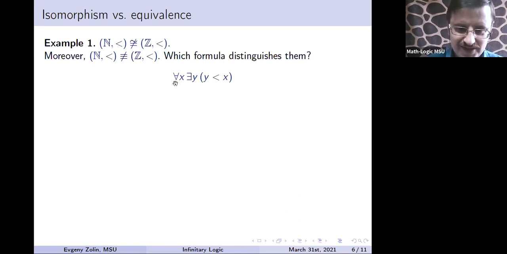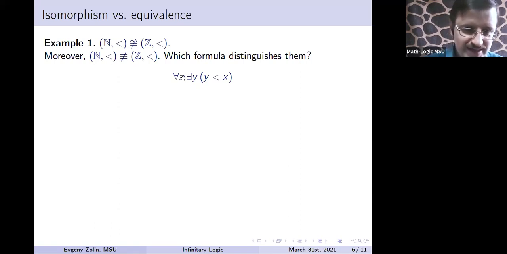So you said: exists X for all Y, Y is not less than X. And so this formula says every element has a smaller element. It is true in Z, but it is not true in N, because if we take X to be 0, it doesn't have a smaller element.